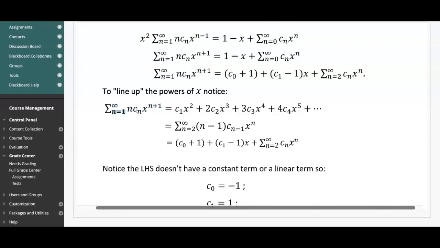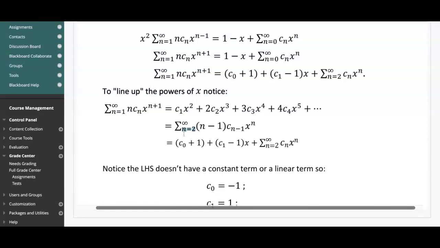So if n equals 1, we just get c1 x squared, right? So n is 1, and c1 x raised to 1 plus 1, so c1 x squared. Then we just have to write the rest of it in summation sign. That means n starts from 2.